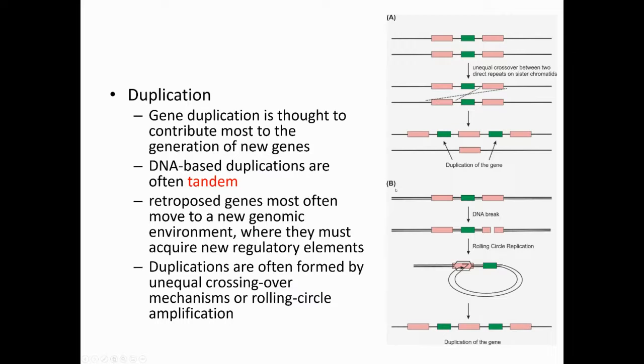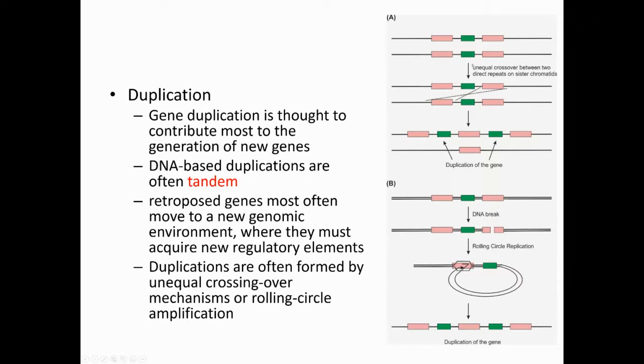So you can go from this unequal crossover. You have this homologous region, and then unequal crossover. That means you cross over between this one and this one. When you cross over, you have pink, green, pink, green, pink, and on the other side, you swap so that you have only one pink.